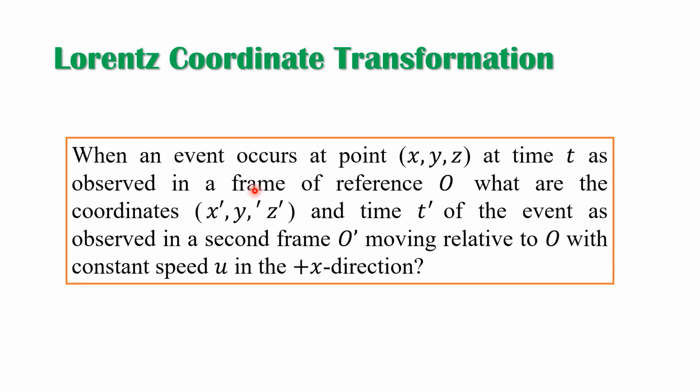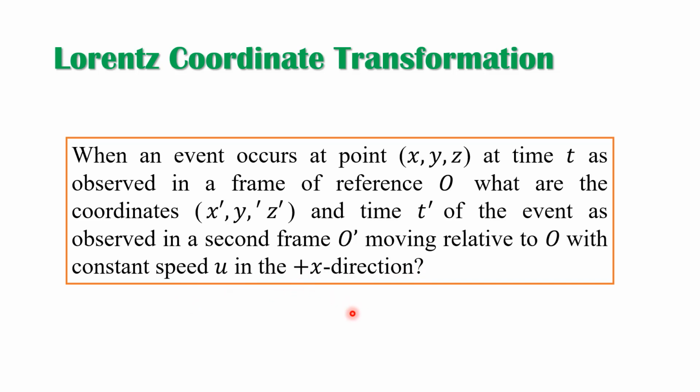So the question is, when an event occurs at point x, y, z at time t, as observed in a frame of reference S or O, what are the coordinates x prime, y prime, z prime, and time t prime of the event as observed in a second frame O prime or S prime, moving relative to O or S with constant speed in the positive x direction?